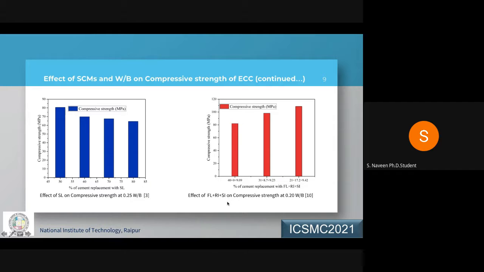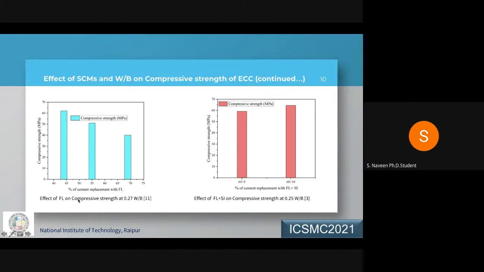The combination will improve the strength of the ECC at a constant water to binder ratio. Especially with rice husk ash and silica fume, the silica content is mainly responsible for the strength and the reduction of voids or pores formed in the ECC. That's why a denser structure gives higher compressive strength.